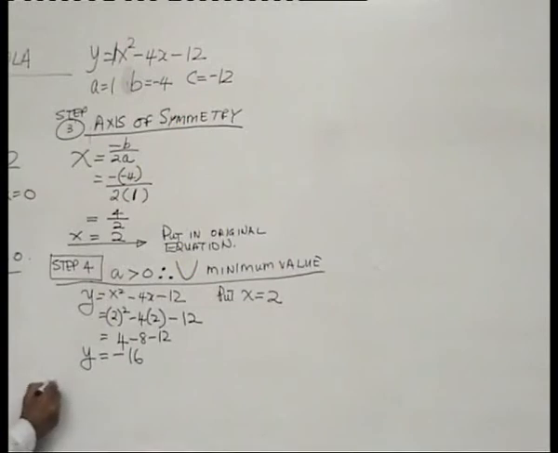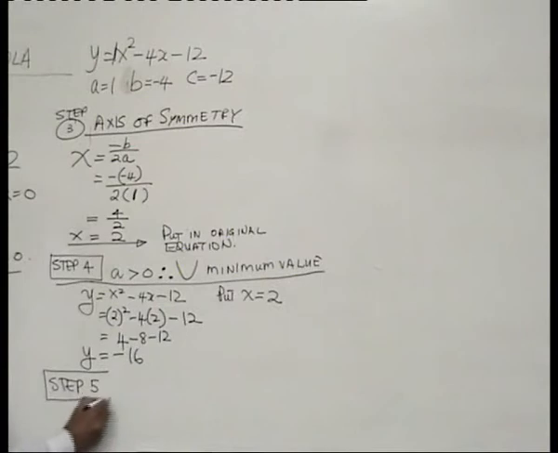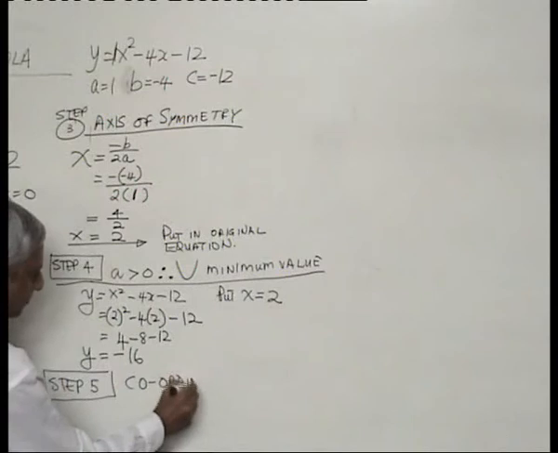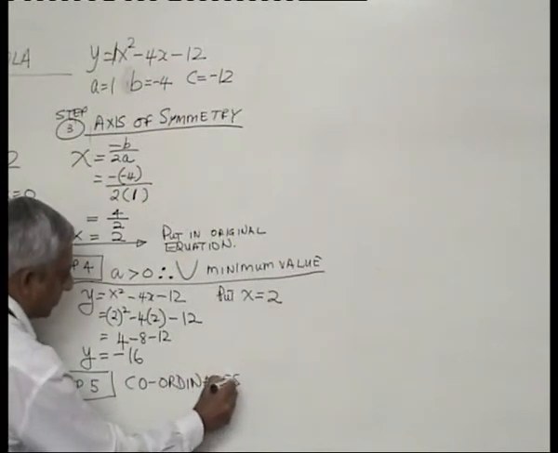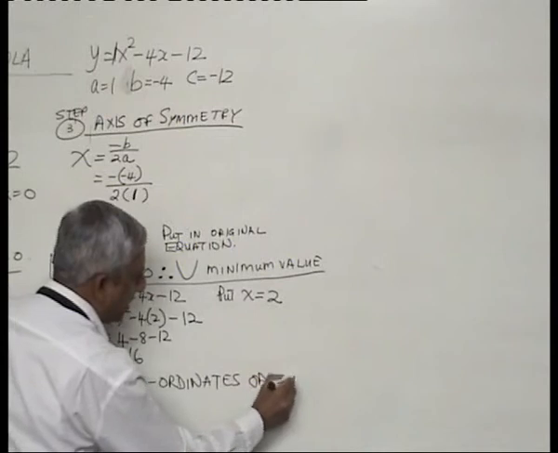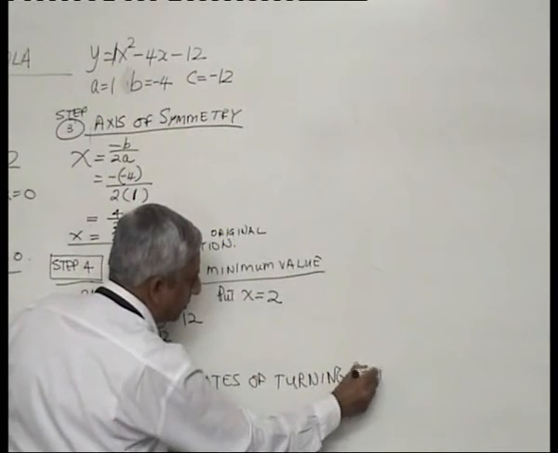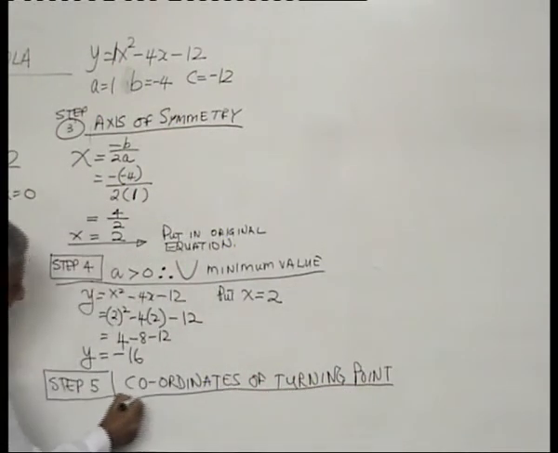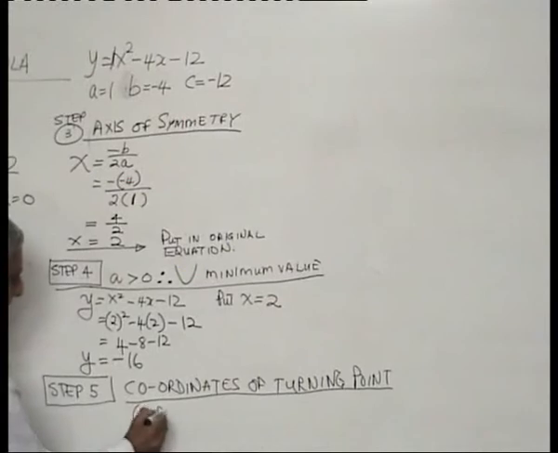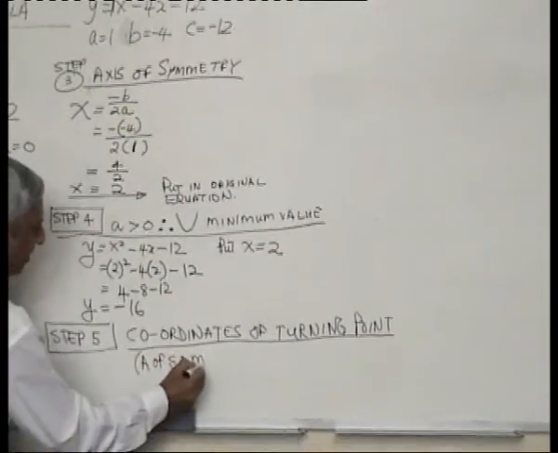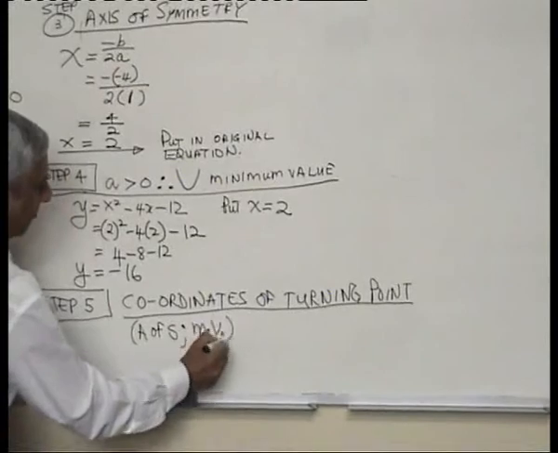And finally, step 5. You want the coordinates of the turning point. Right, the coordinates of the turning point, like I told you before, is the axis of symmetry, and then the minimum or the maximum value.